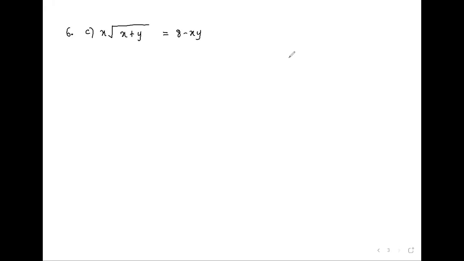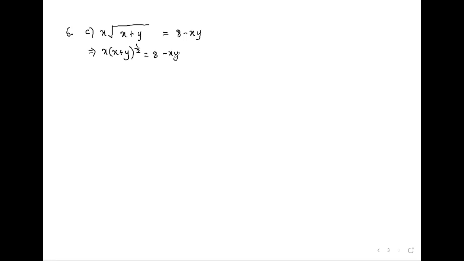So this is a bit of some product here. So we're dealing with x times (x plus y) to the power half is equal to 8 minus xy.